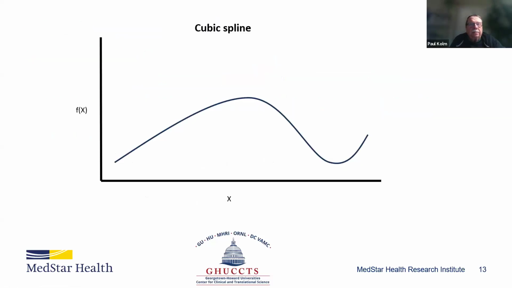So this is what we might get if we use cubic splines as far as looking at our functions. It looks pretty smooth, and so we would have in this case probably 2 knots. One looks like it would occur about up here, and then the second one down here.